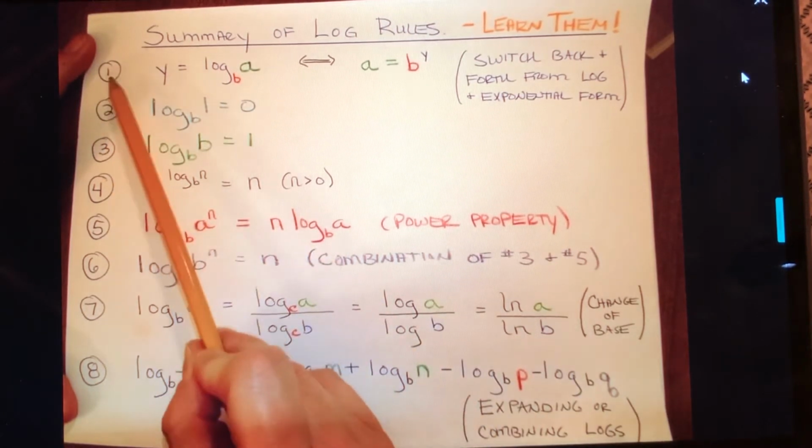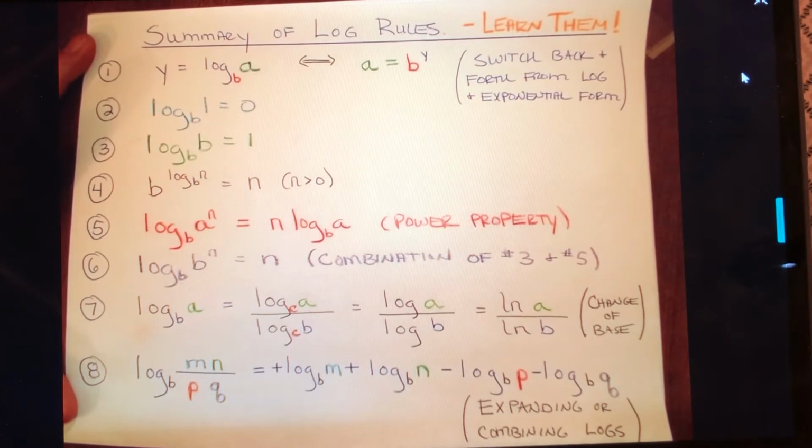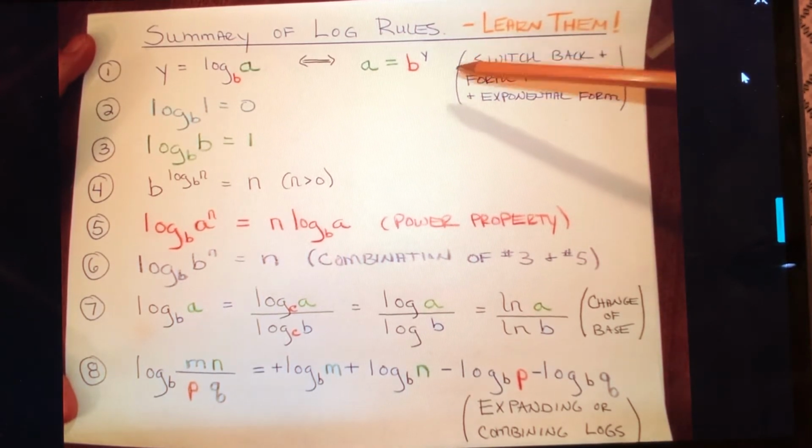These numbers are just a notation that I've given to help you keep track of them. The order of the log rules does not matter. There's really no significance to these numbers other than it's the order that I'm intending to introduce them in. So I'm going to give a brief overview of the rules, and then show you how to use them with some specific examples.